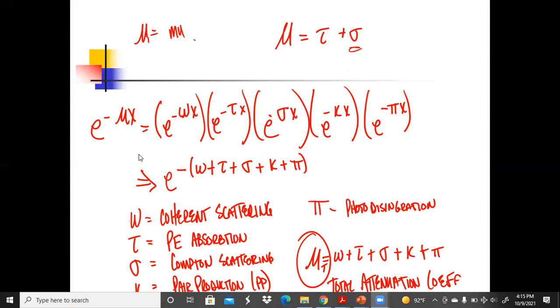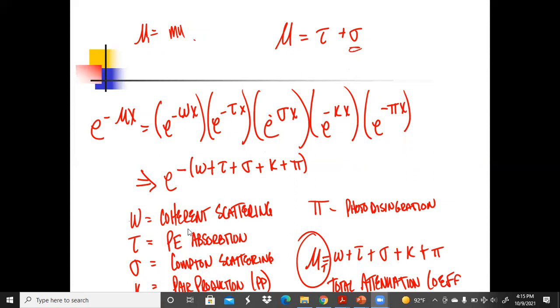In order to be able to condense this somewhat, we end up dividing out the X's and the adjustment, the algebra is kind of understood here, but we usually end up with something like this. This is going to be coherent scattering.